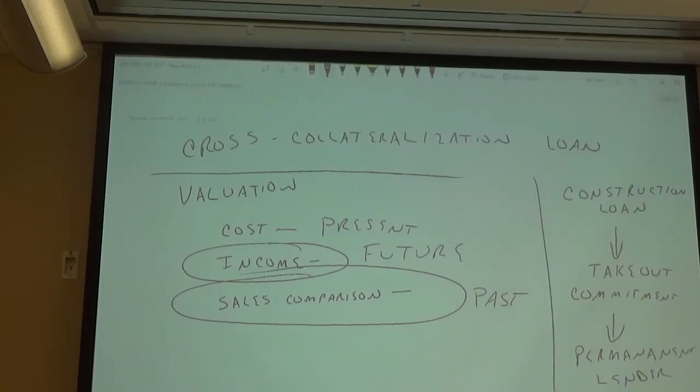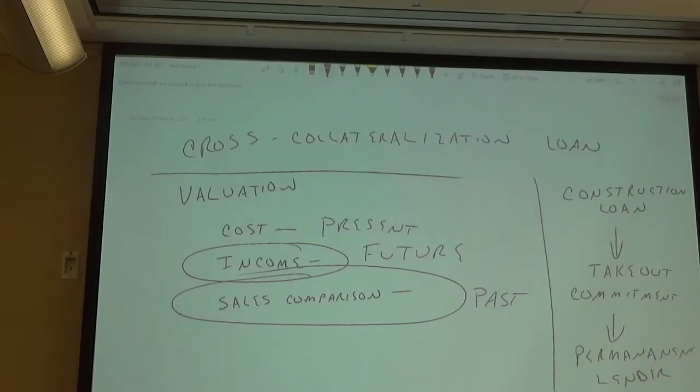So it's usually not going to be the case that you're going to be able to come in and finance the land and get a construction loan on top of that, unless, for example, let's assume that I own the land free and clear.